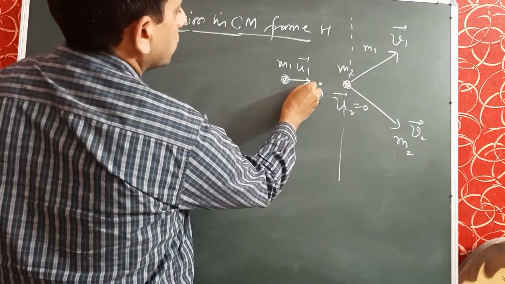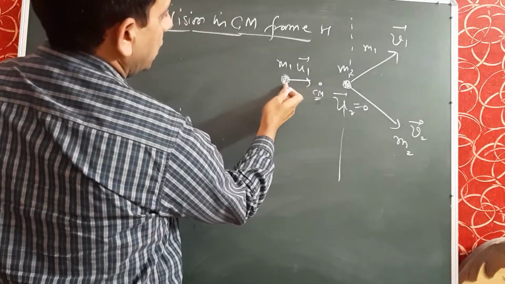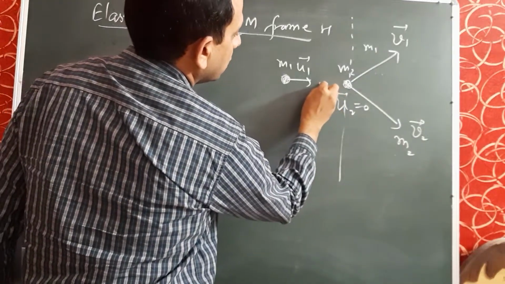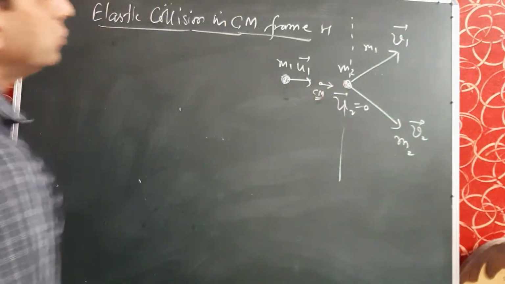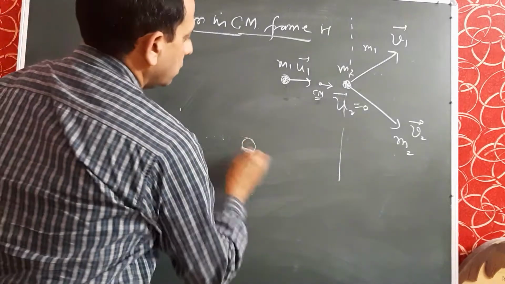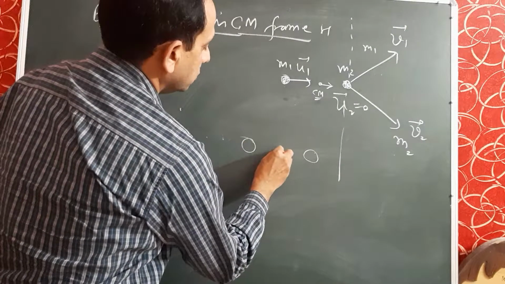When the first particle moves toward the second particle, the center of mass will slowly move toward the second particle too. When the first particle reaches here and the second particle is still at the same position, the center of mass lies at this point. Similarly, when the first particle reaches this point and the second particle is still at rest, the center of mass is here.